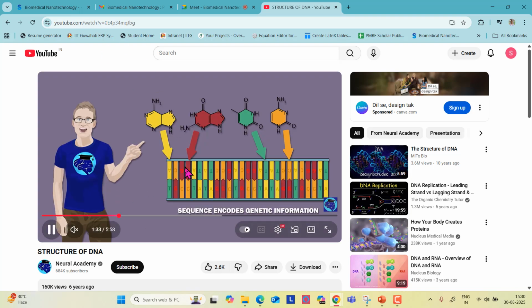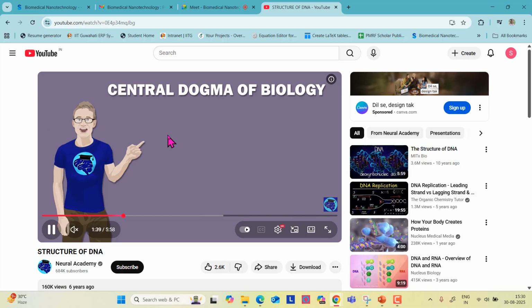So they will lead to the sequence. Everywhere you can see always A will pair up with T and G will pair up with C. The sequence encodes genetic information. This genetic information is very valuable, and it is there in each of our cells in our body. So that is what differentiates among human beings.